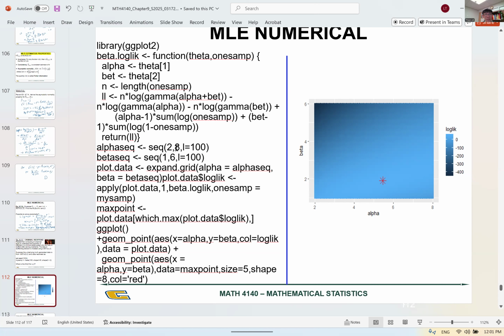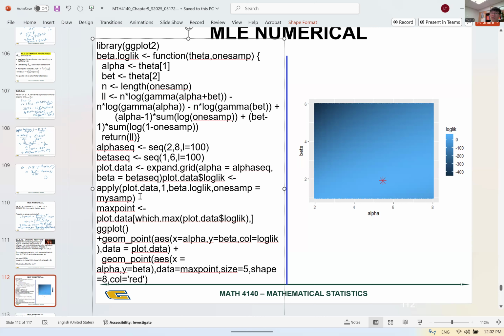And then you just calculate that, right? You use the data from my sample, you apply that, and basically you can get the log likelihood corresponding to each case of alpha and beta.